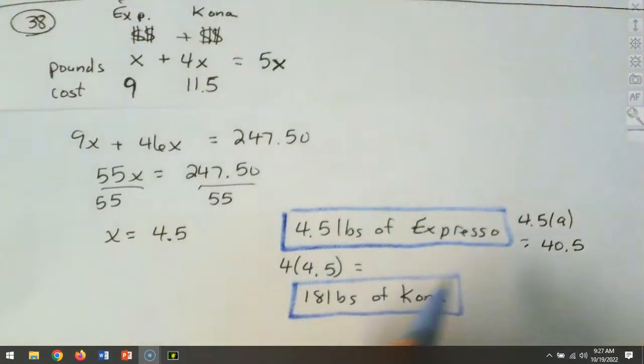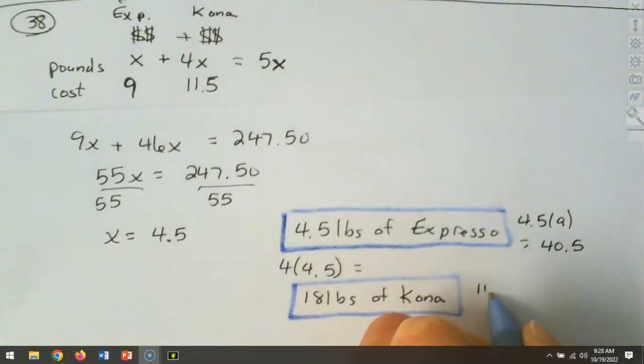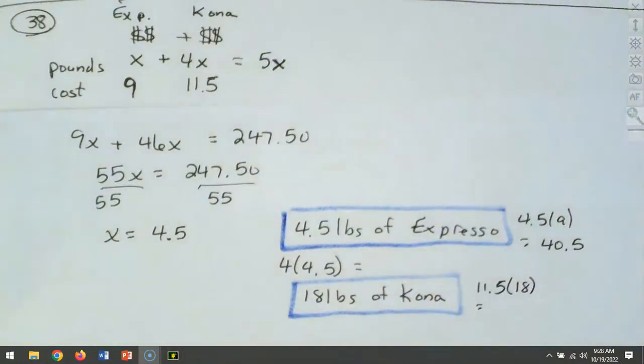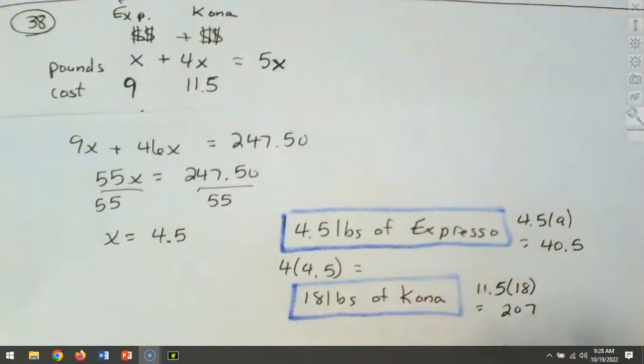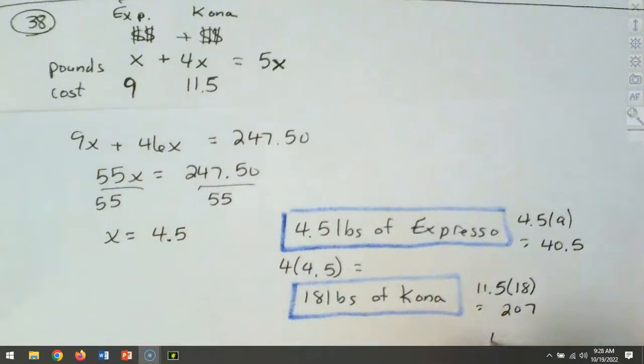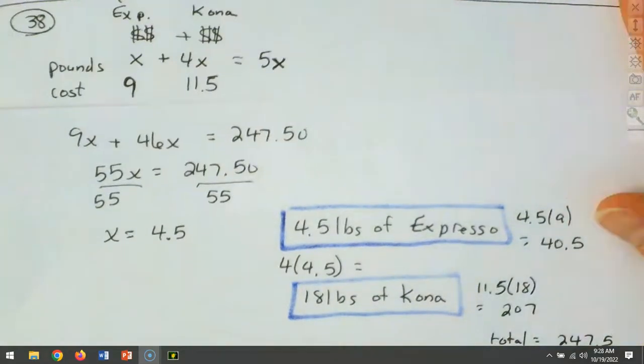We bought 18 pounds, and that's $11.50. I'm going to multiply those together, 207. And when I add them together, what do I get for my total now? It should come out to be $247.50. So I know I did it correctly.